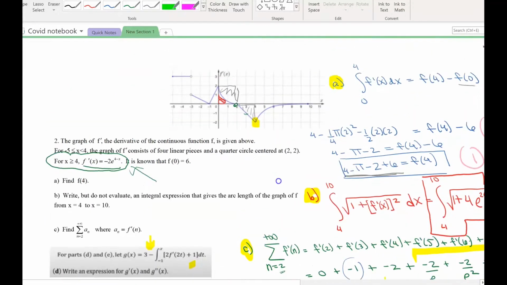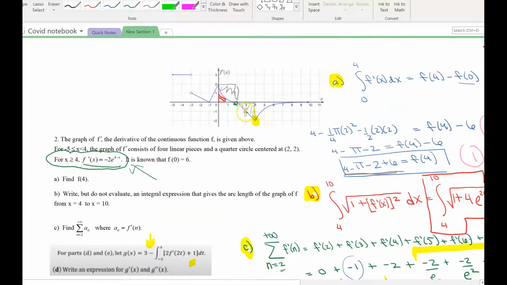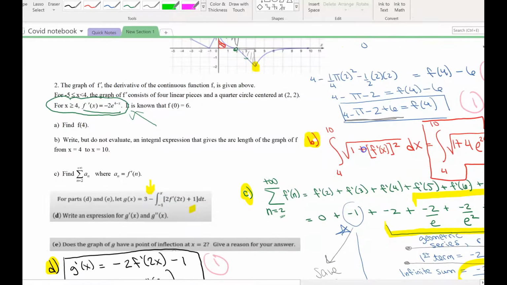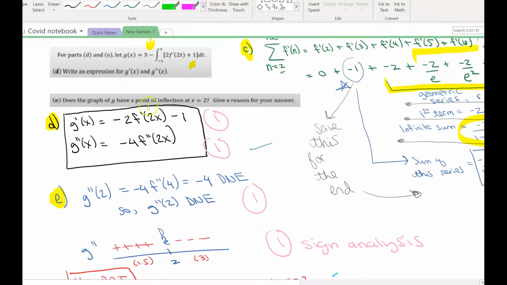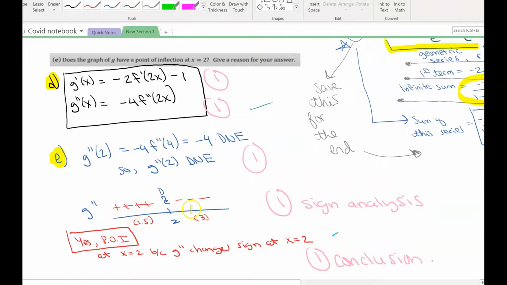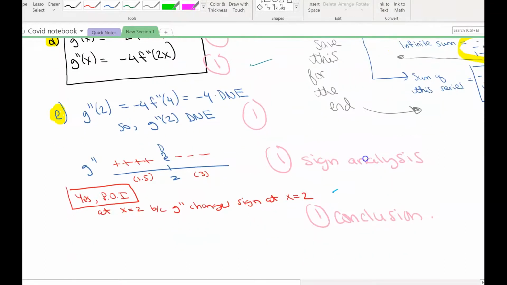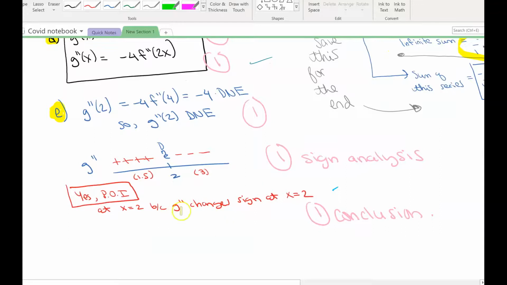What is at x equals 3? Here is 3. At x equals 3, f double prime of 3 is going to be negative, and a negative times a negative, because the -4 in front, is going to be a positive. And then you can do similar plugging in here. Just watch all this stuff going on here. And then at the end of the day, the conclusion is, yes, there is, because G double prime changes sign, okay?